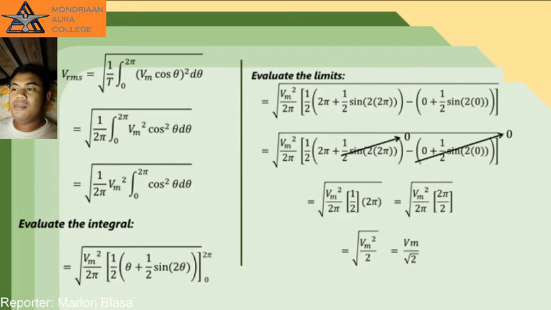So, magiging equation nating susunod is square root of Vm squared over 2 pi times 1/2 times 2 pi. 2 pi na lang kasi cancelled na yung 1/2 sine 2 times 2 pi at saka yung 0 plus 1/2 sine 2 times 0.